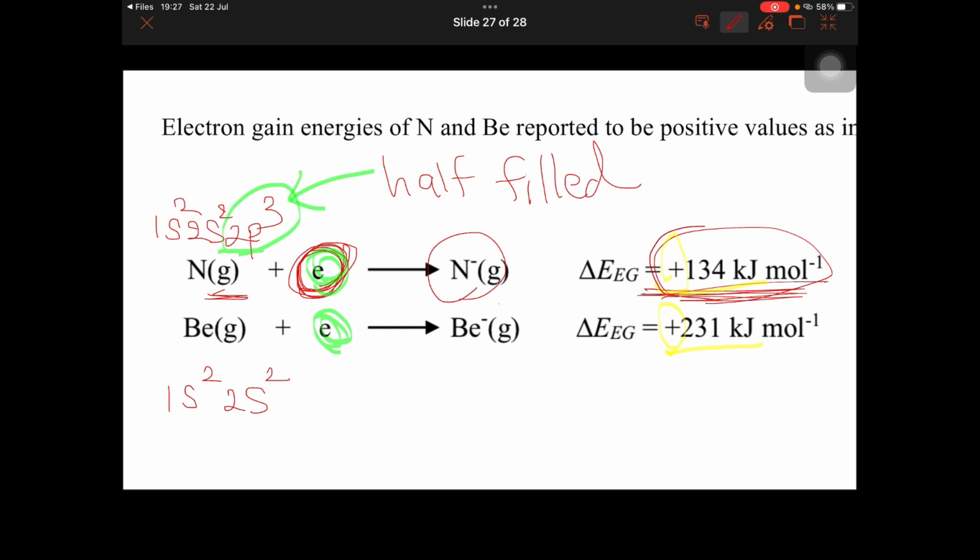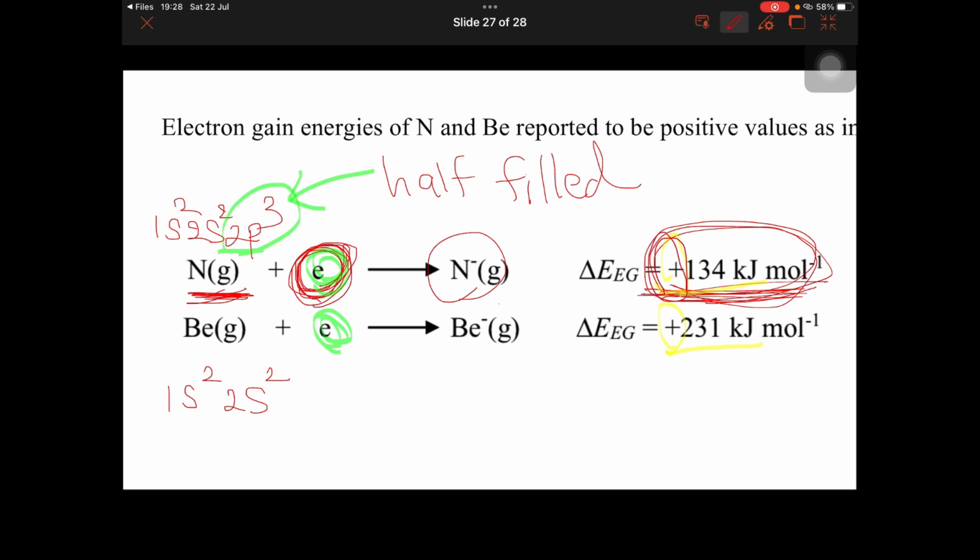Therefore, we need to put in some energy, or tell the students, you have to accommodate this child. Likewise, nitrogen is more stable and happy with its electronic configuration. To input another electron, we should provide energy from outside.